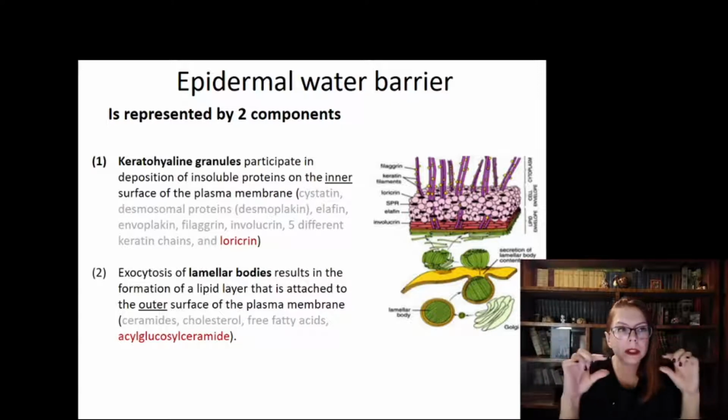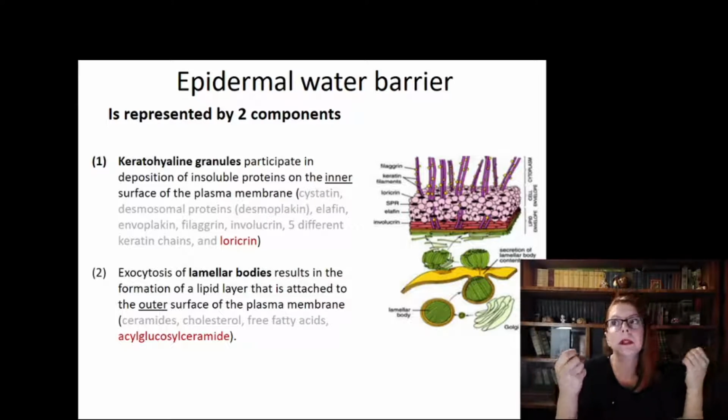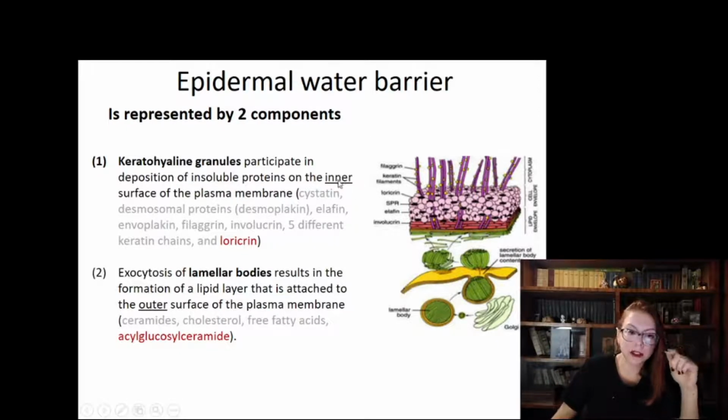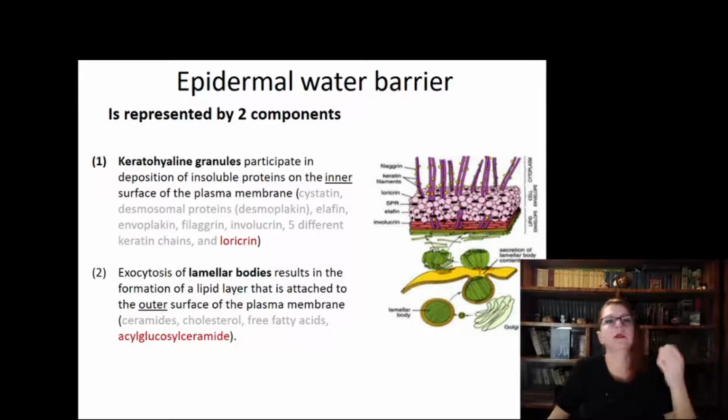So between the keratinocytes there is no space, because it is filled with a lipid-like substance produced by lamellar bodies. So inside the cell and outside the cell, there are two different groups of substances helping to prevent water from crossing the epidermis.